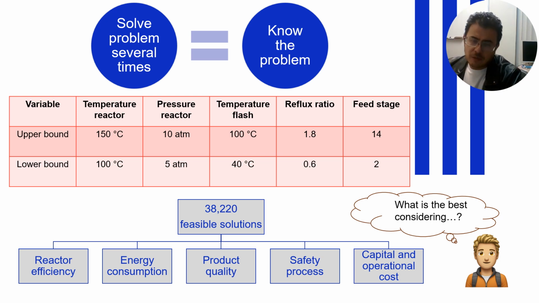We can obtain almost 40,000 feasible solutions, and the process to decide what is the best solution considers several criteria. It's a complicated problem because we need to consider several criteria. For instance, the reactor efficiency, the energy consumption, the product quality, the safety, as well as the capital and operational costs.